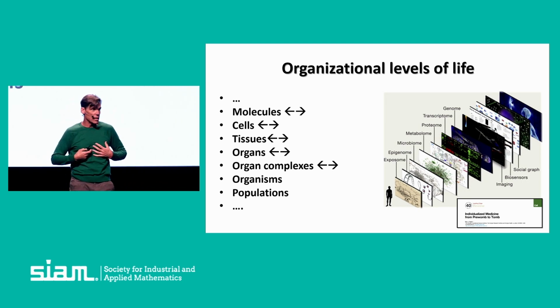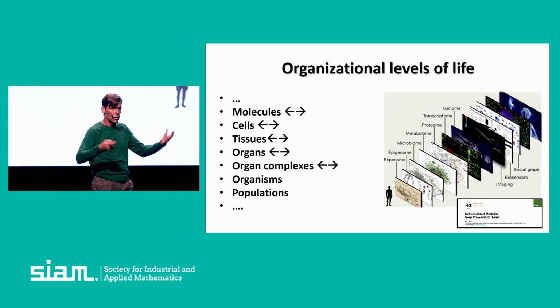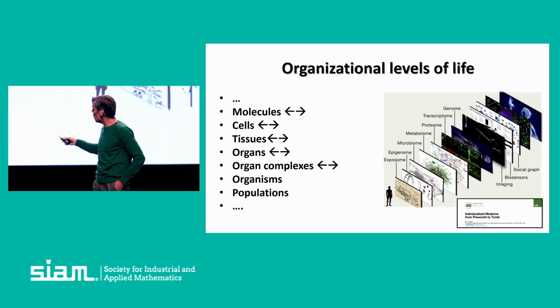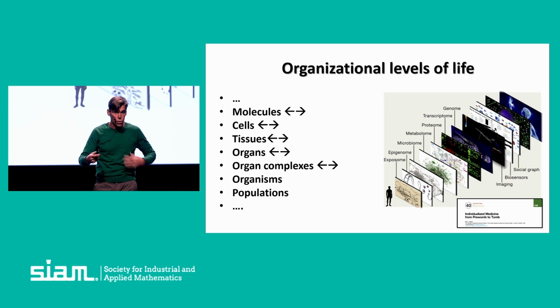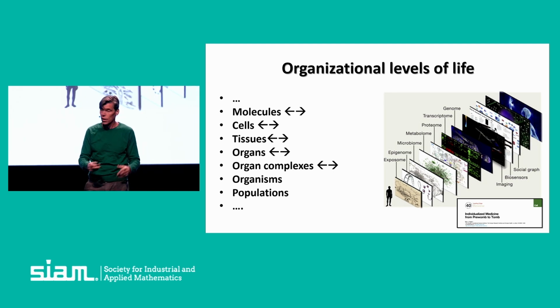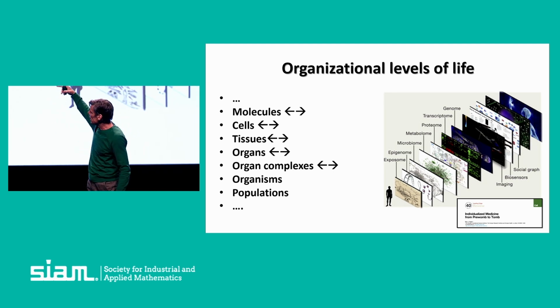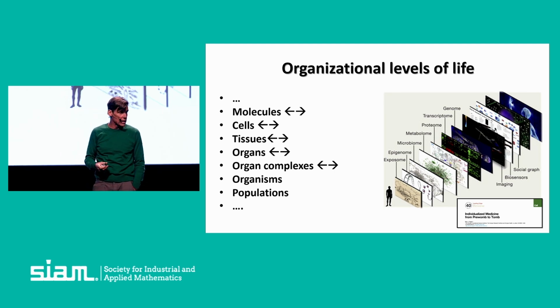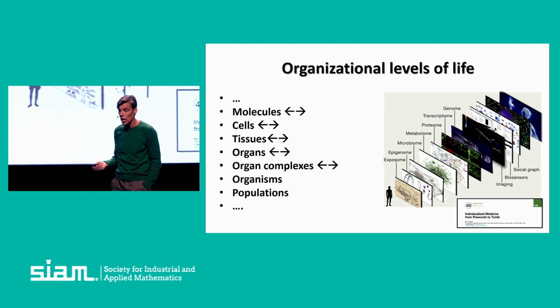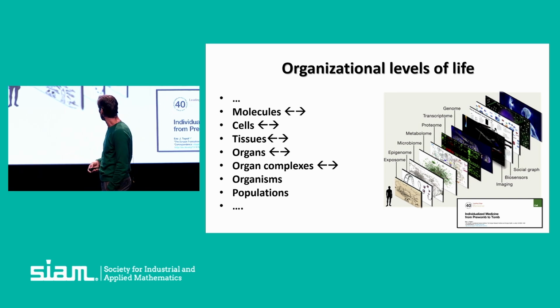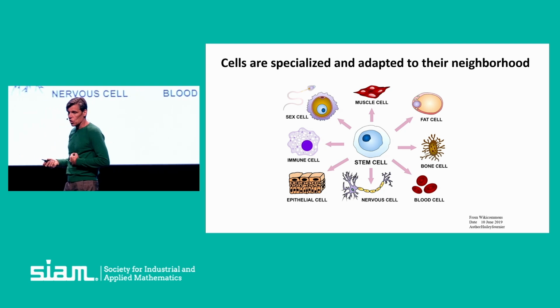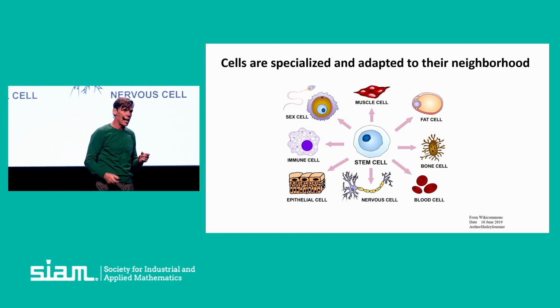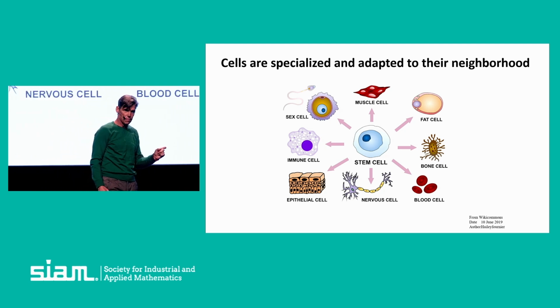And we organize into populations, and we interact with other organisms. And often, if we want to understand what is happening to an organism, a human, for instance, under a certain condition, we need to integrate information from many of these different layers in order to have a chance to have any solid predictions.